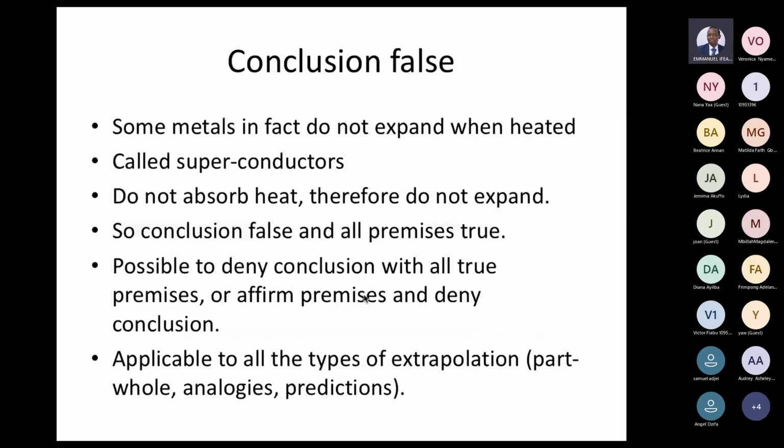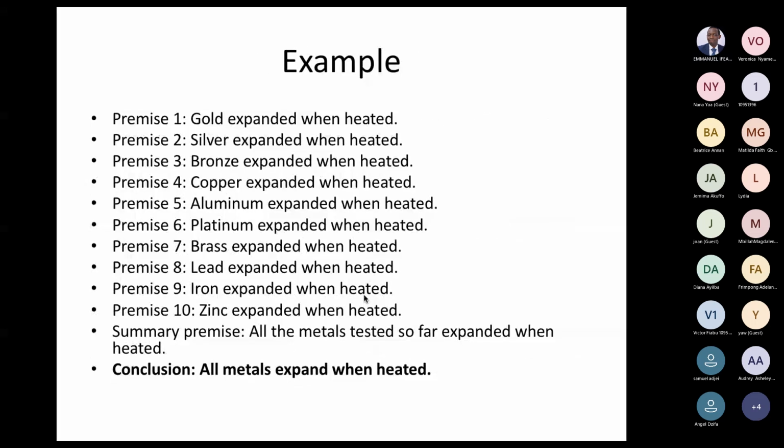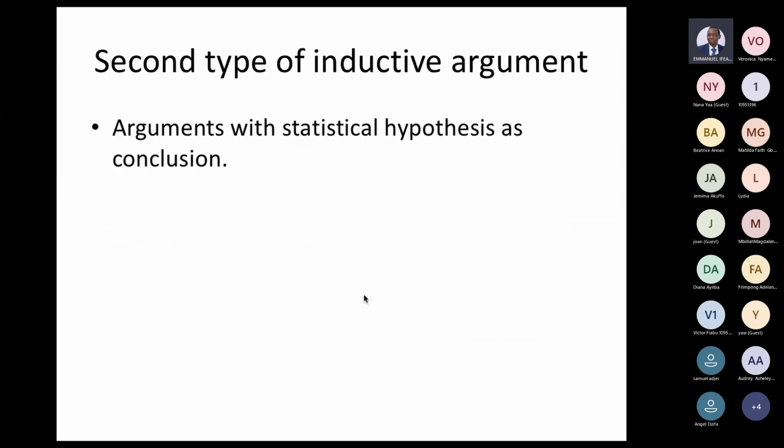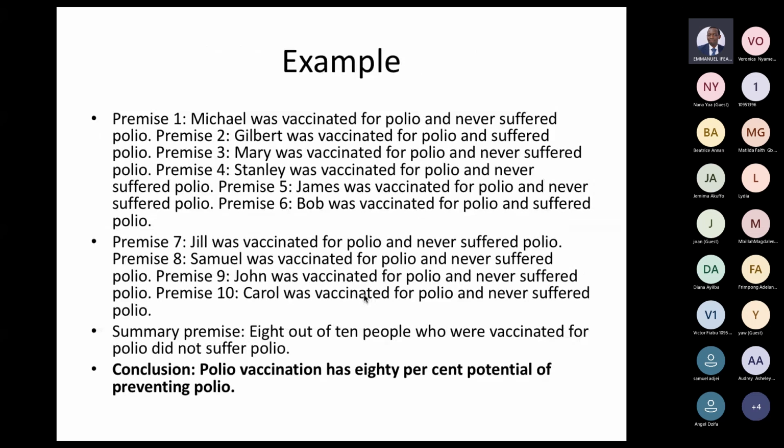Then we just analyzed the differences between inductive arguments ending with law-like hypotheses as conclusions, which are quite risky to make. And then we also saw inductive arguments ending with conclusions that are statistical hypotheses, which are a bit safer to make.